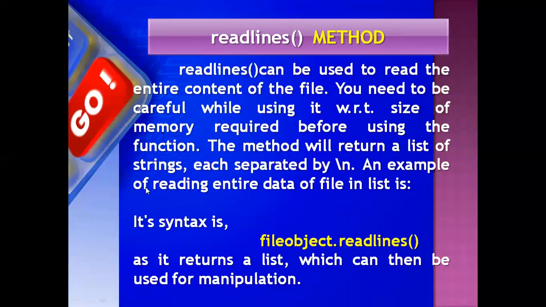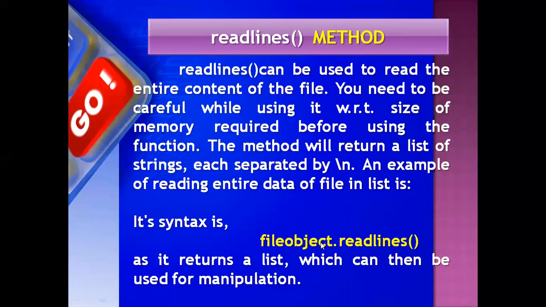An example of reading the entire data of a file into a list: what is the syntax? File object dot readlines. What was the previous file object? f. So here you can write f dot readlines.